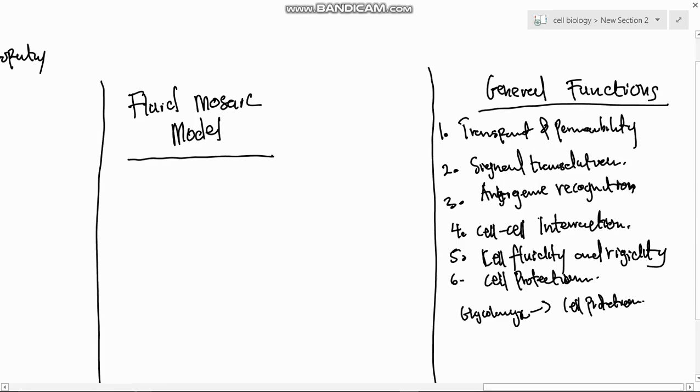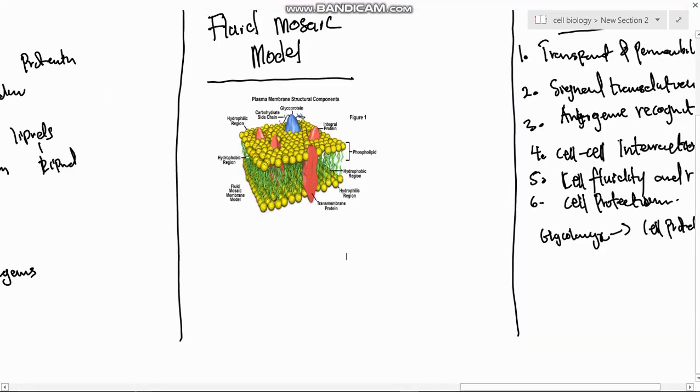Now, the final thing we'll talk about is the fluid mosaic model. The fluid mosaic model was proposed by a scientist called S.J. Singer in 1972, and this model is simple.